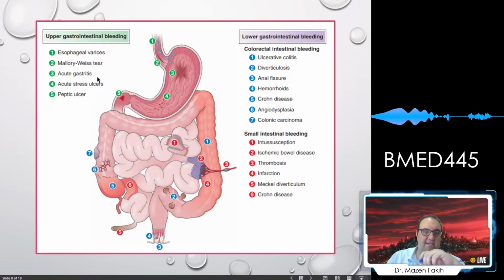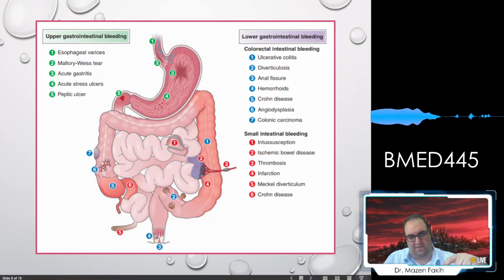Acute gastritis can happen for different reasons. It could be an infection, or it could be neurological. Acute stress ulcers differ from peptic ulcers. Peptic ulcer is usually caused by Helicobacter pylori, whereas stress ulcers are usually caused by oversecretion of acid secondary to stress, when a person is very tense.